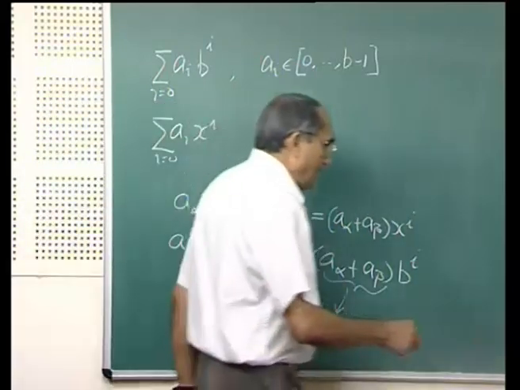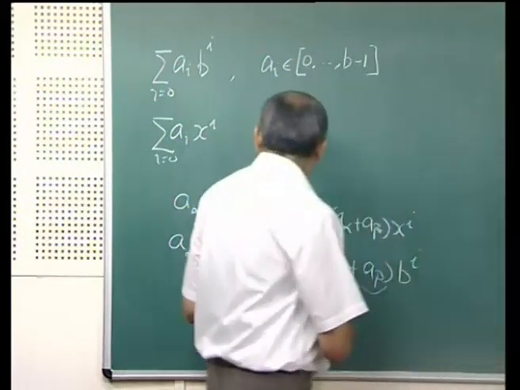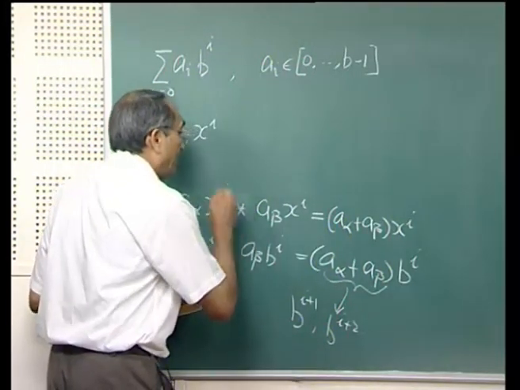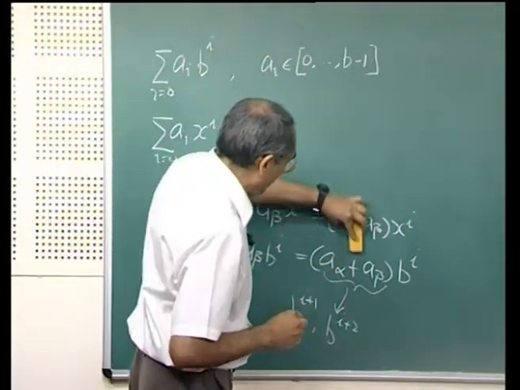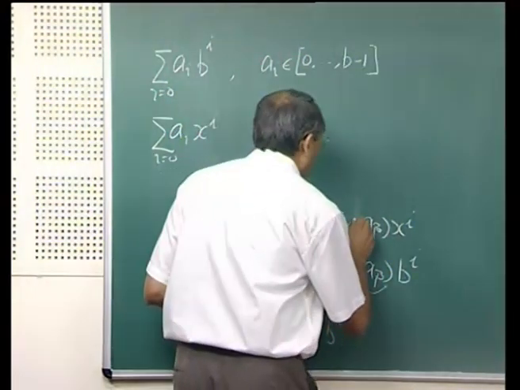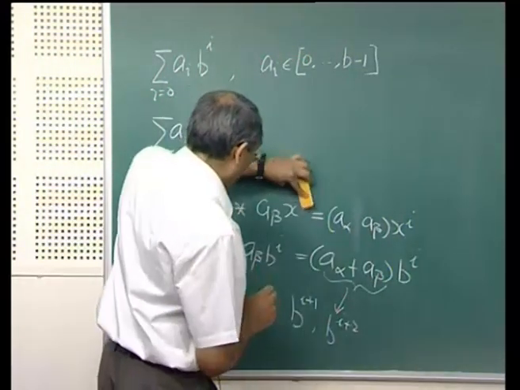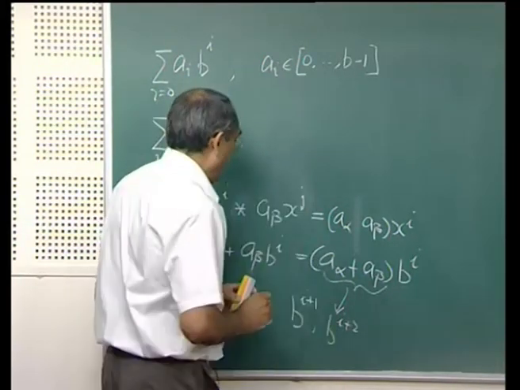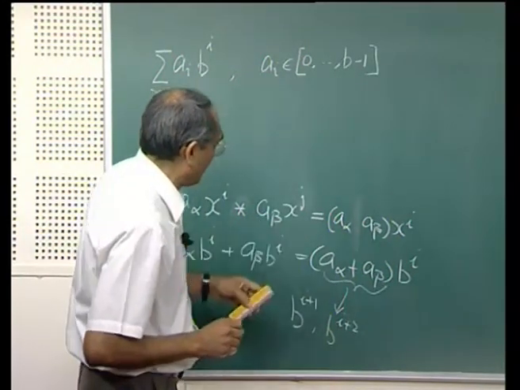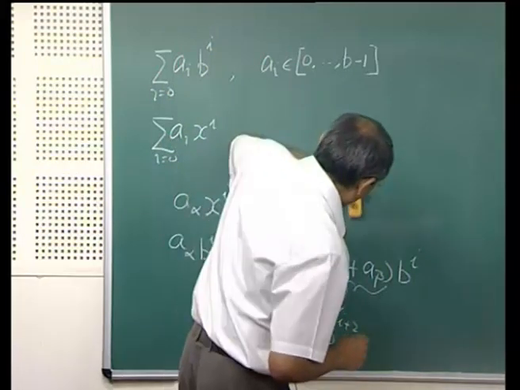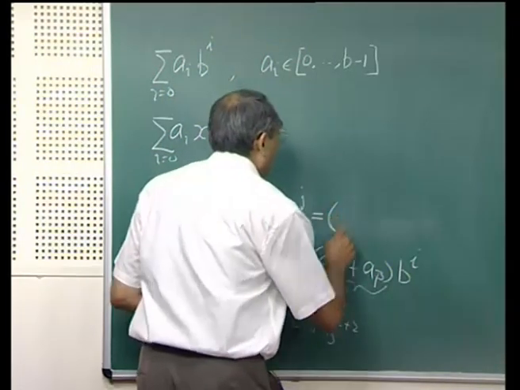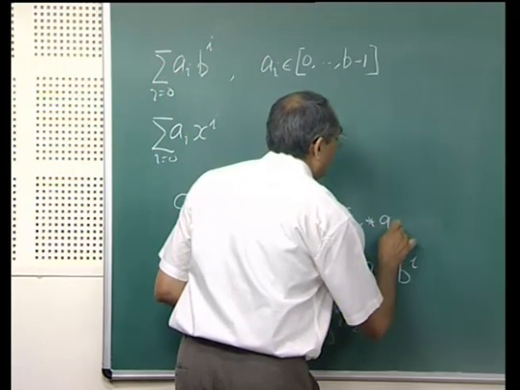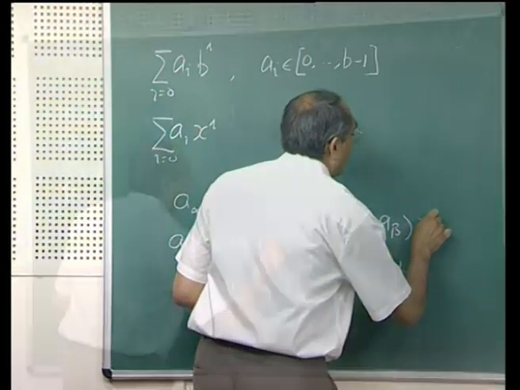Now similarly, if you have a multiplication operation, suppose you are multiplying these two. Let us just take a more general situation, a_alpha x^i and a_beta x^j. Then the right hand side is a_alpha times a_beta x to the power i plus j.